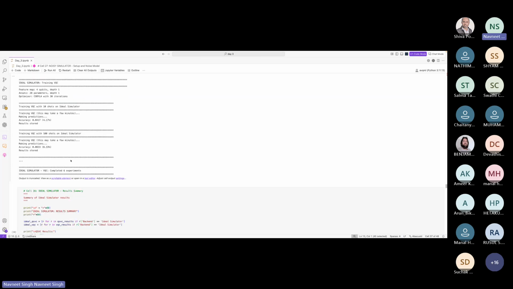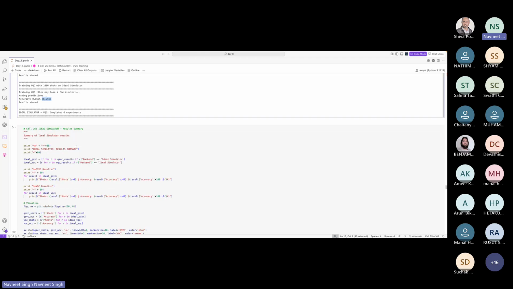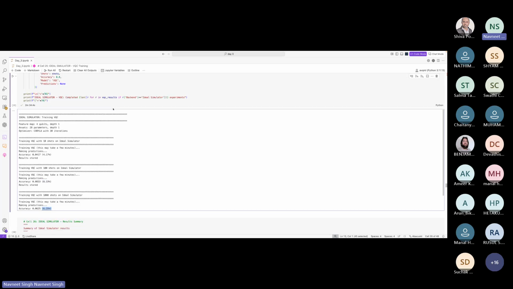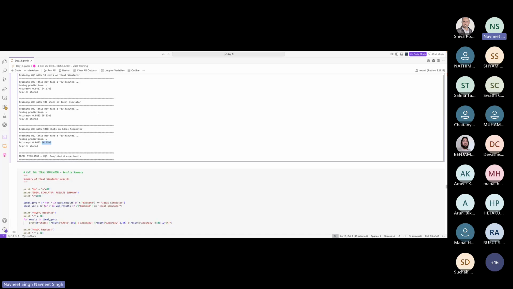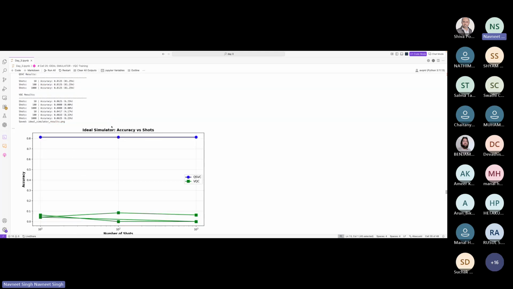Before it, our model's performance decreases a little, but this is a representative model. Maybe on some other data set it behaves much better, even with the same model and same depth. You can test by yourself, and this compares its performance in the ideal simulator with QSVC and VQC.